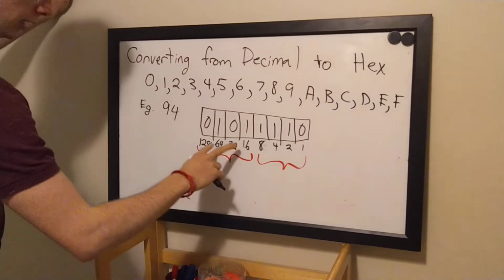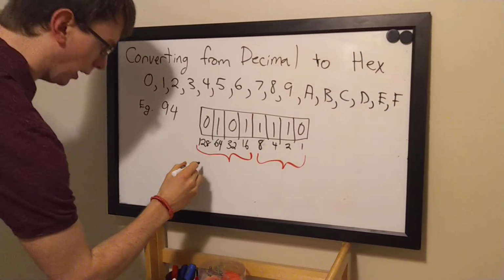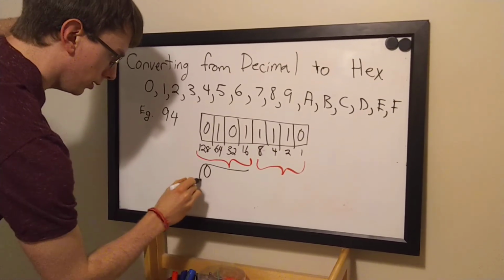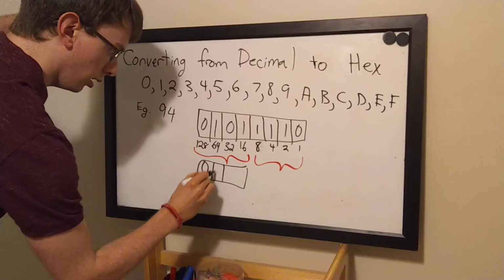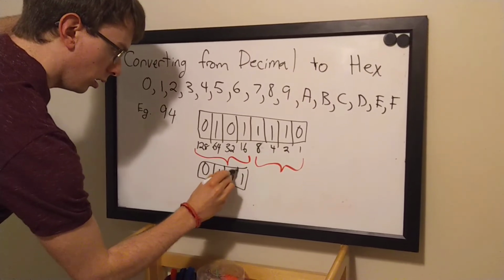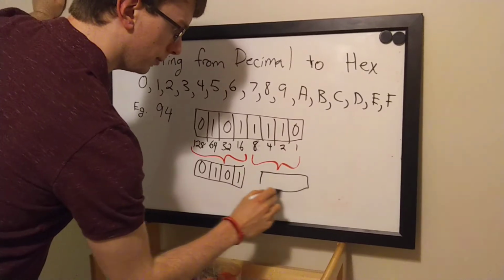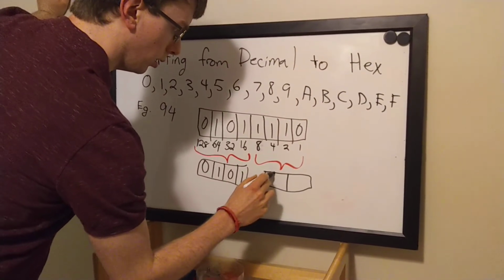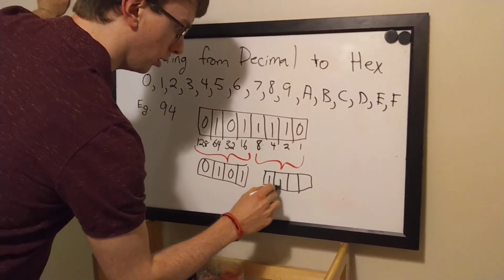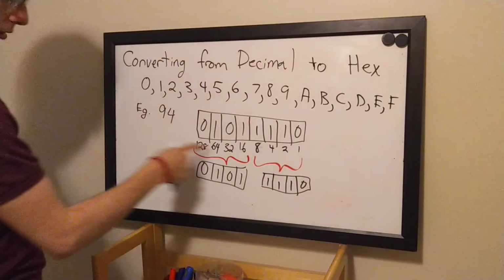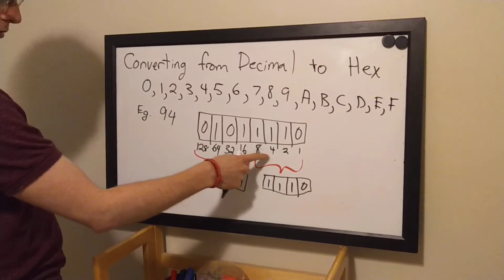So if I take a look here, when I have it in a nibble, I'll make my boxes. And let me write out this one too. When I have it in nibbles, we start our numbering back at 1, 2, 4, and 8.